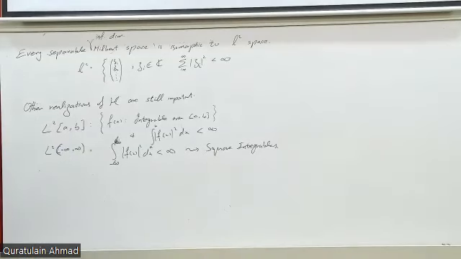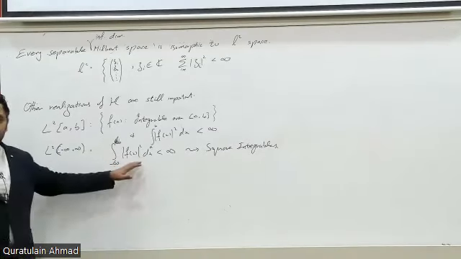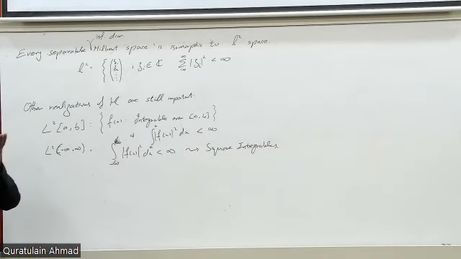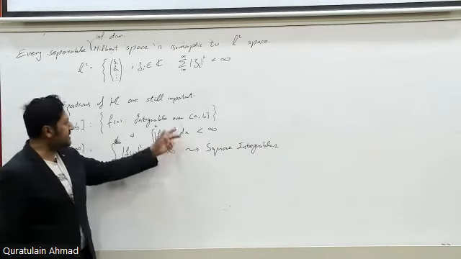And because you have functions at your hand, you want to define some operators. Finally, we're going to come to operators acting on these. And when you have functions, the easiest operators to consider are differential operators. So you can tighten this condition.